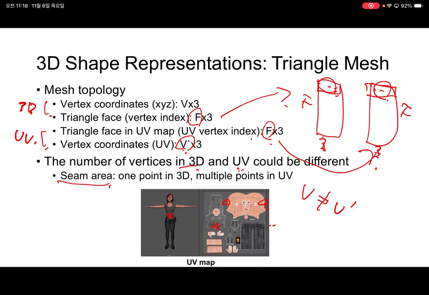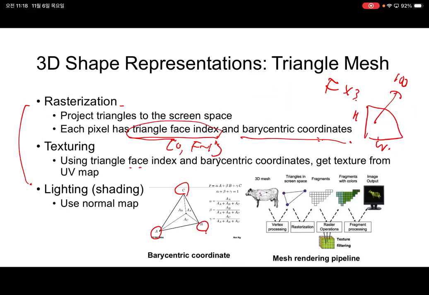Then we can get color by taking the 100th element in the UV map's triangle faces, and maybe this triangle is this one. Then we can get color out of this triangle, right? So given the triangle face index from rasterization, we can visit the UV map to get color. That is how we get color from the combination of 3D geometry and UV map. That is texturing.